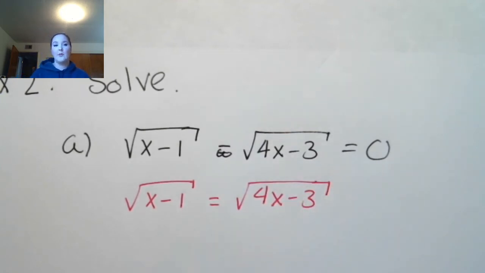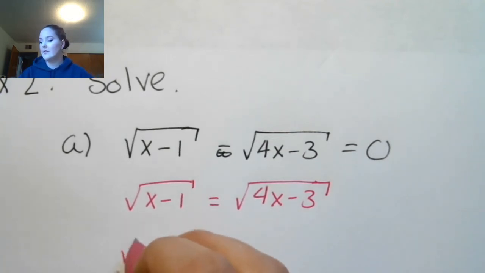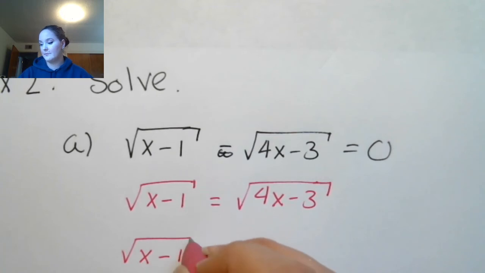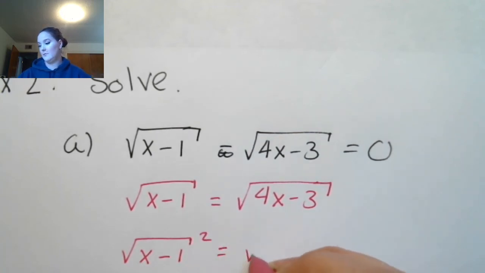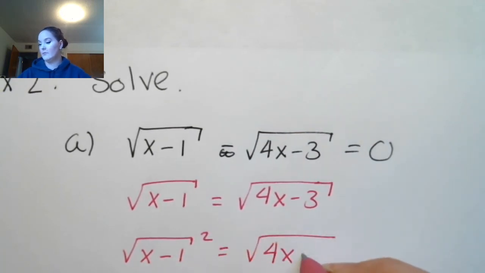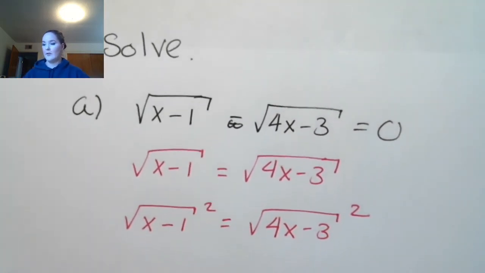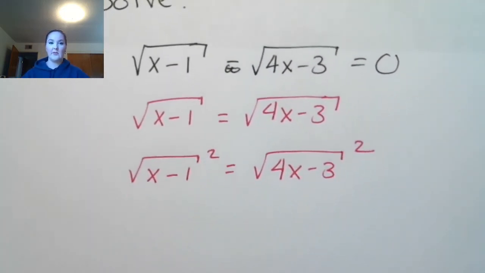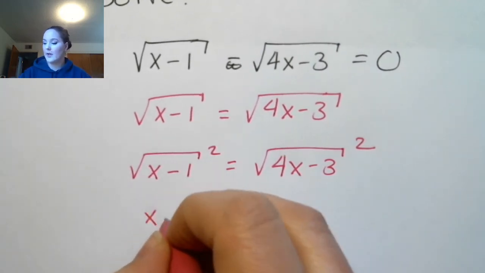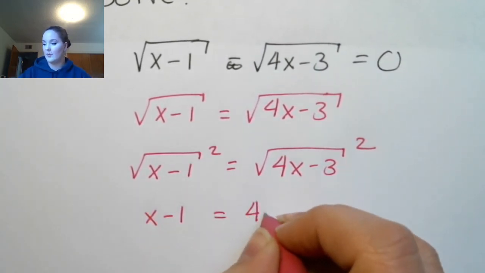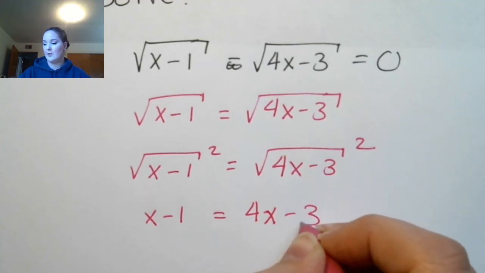Now we've actually isolated both radicals, but if that wasn't possible, we would just focus on isolating one of them. Now that we've done that, we're going to square both sides. The square roots and the squares will cancel out, right? That was our plan, so we'll get x minus 1 equals 4x minus 3.